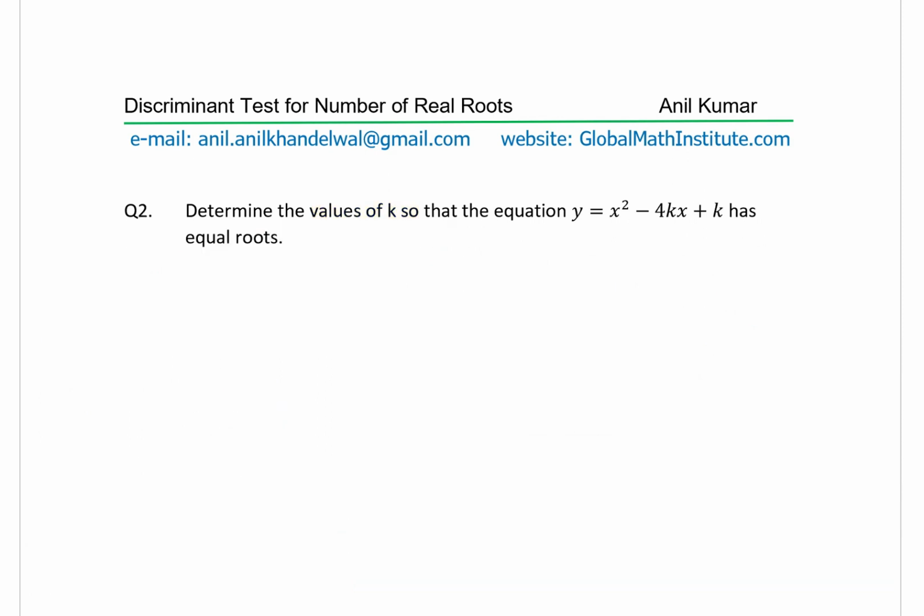Question number 2 is, determine the value of k so that the equation y equals x squared minus 4kx plus k has equal roots. Let's write down the equation, y equals x squared minus 4kx plus k. Now when I say equal roots, it means that the discriminant is 0, right?